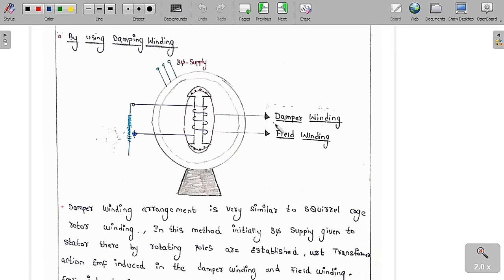Therefore, it increases the torque and tries to reach the synchronous speed. If the speed is more than synchronous speed, then an induction generating torque is produced, so the speed will decrease to NS.